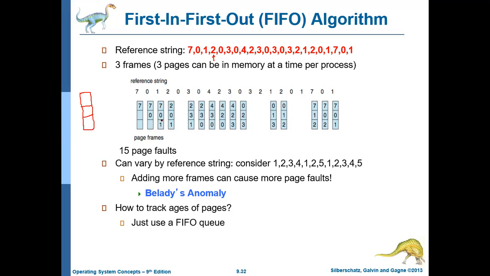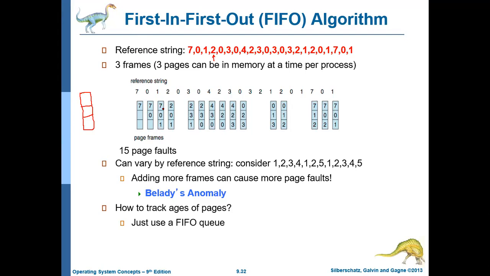Now which page are you going to remove? Because you want to insert a new page, that is 2, you need to remove a particular page. Which page are you going to remove? This algorithm's name is first in first out. That means the page that came first into the main memory is going to be removed first.